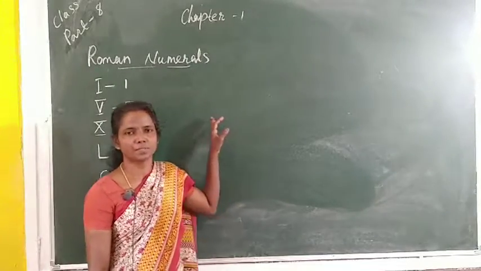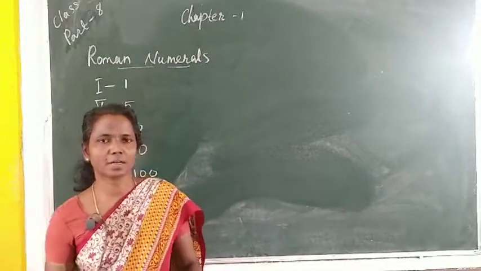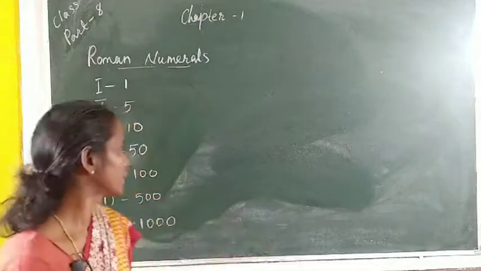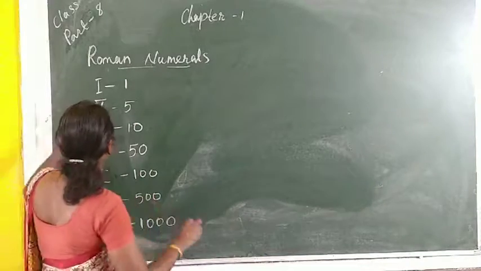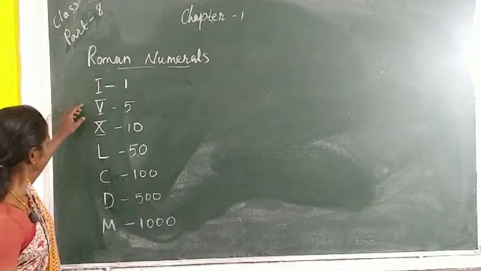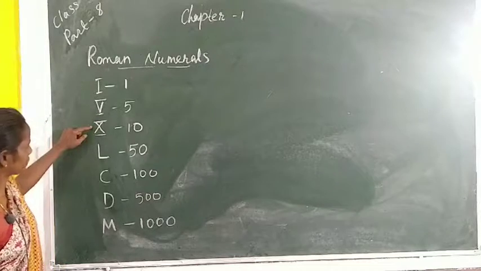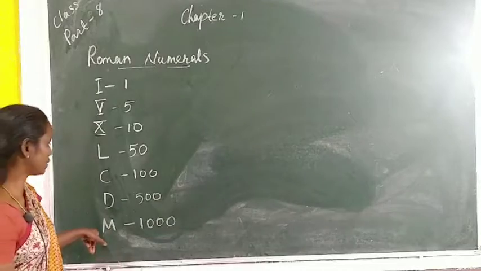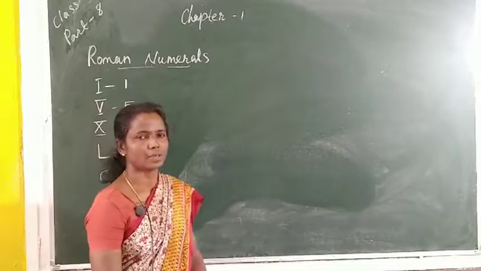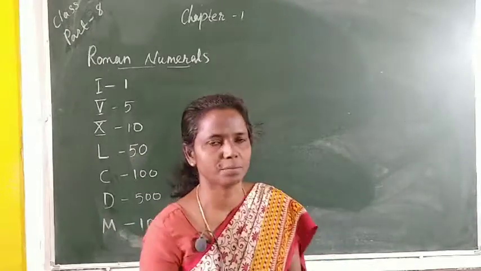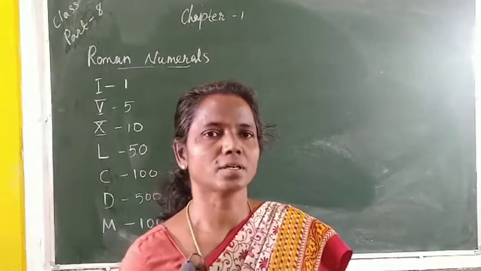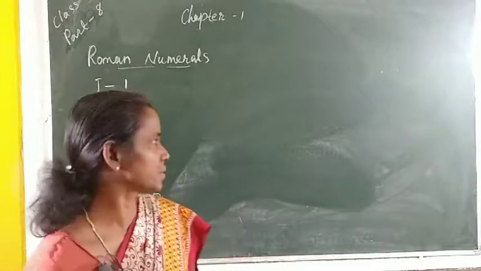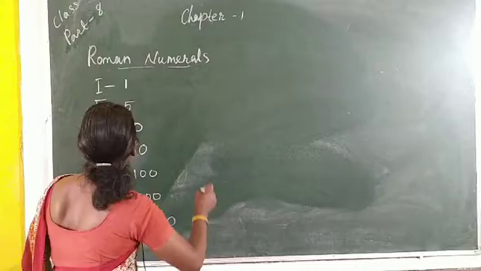Using these symbols we write Roman numerals according to some rules. Look here: the symbols 1, 10, 100 and 1000 can be repeated, but only up to 3 times, not more than 3 times.